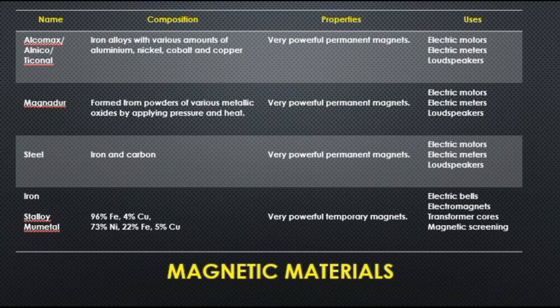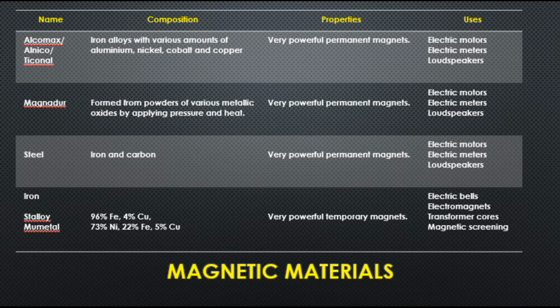Next, iron. Composition, the element iron. Properties, very powerful temporary magnets. Uses, electric bells, electromagnets, transformer cores, magnetic screening. Stalloid.